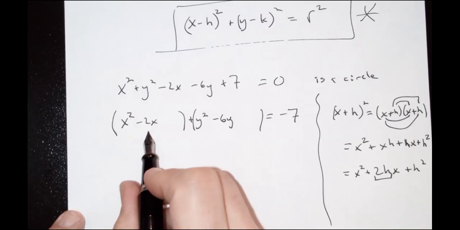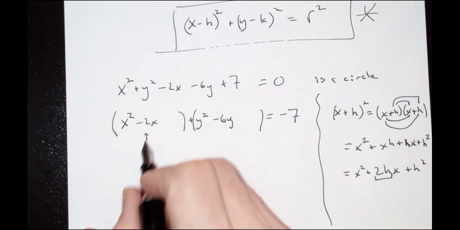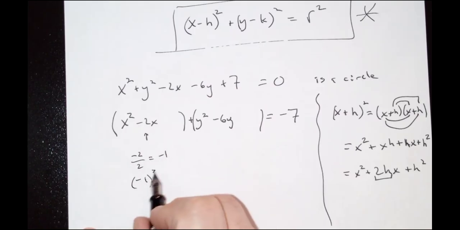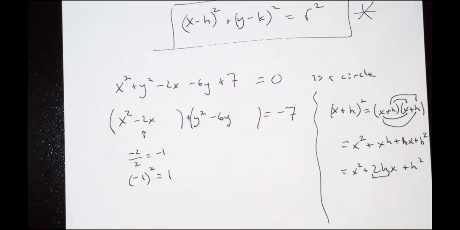So let's take this number and cut it in half. That's -1, right? What happens when you square -1? That's the number that needs to go on the end to make that a square.